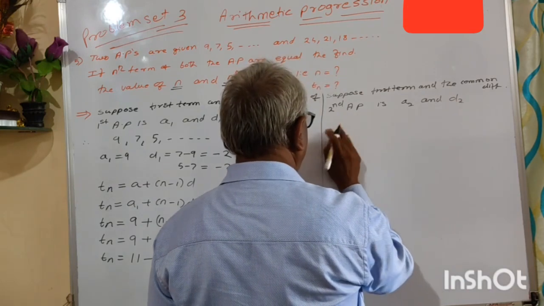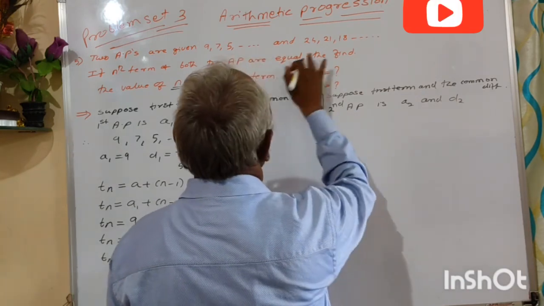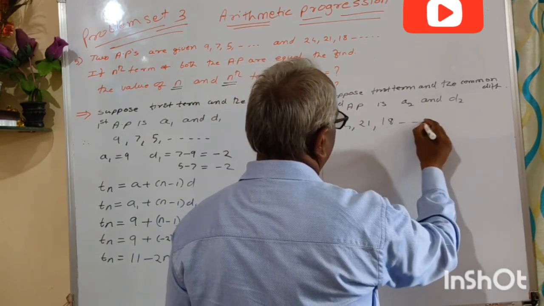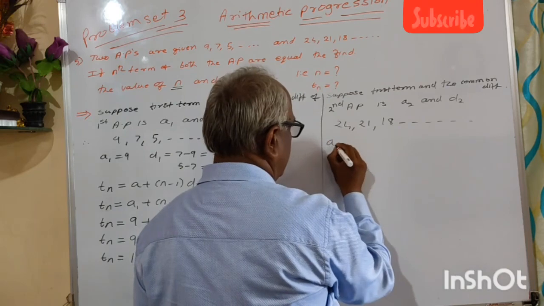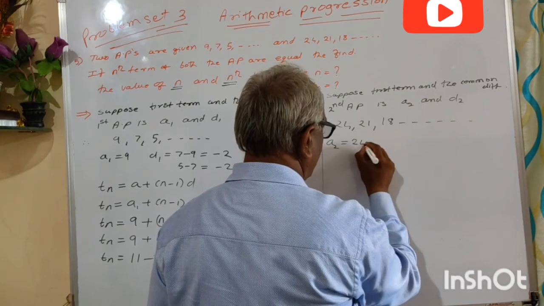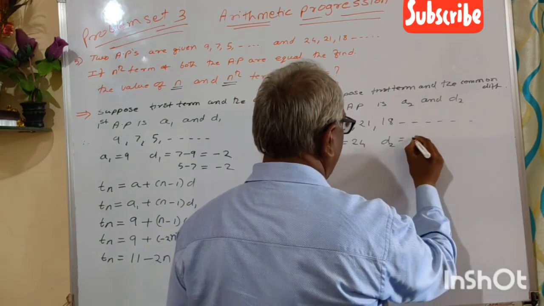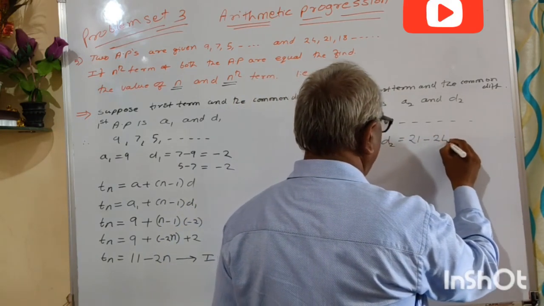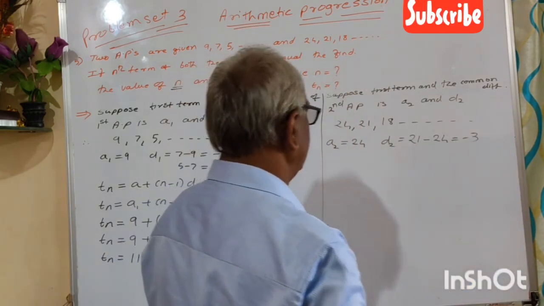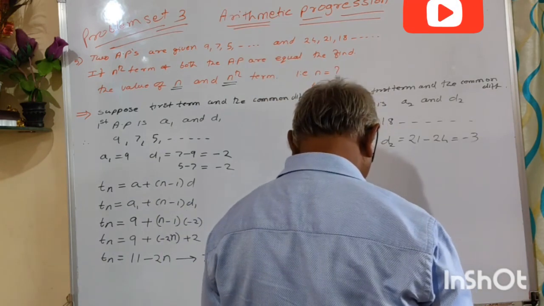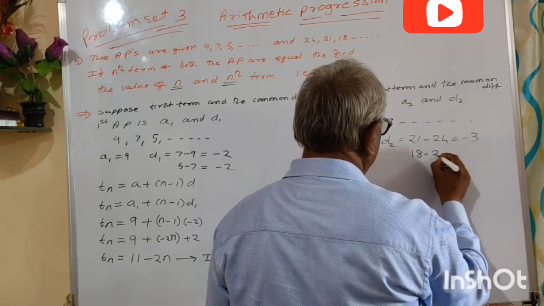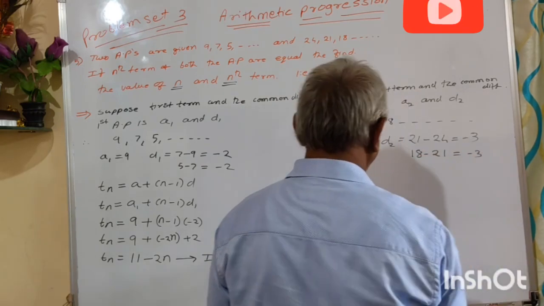Therefore, here the arithmetic progression is 24, 21, 18 and so on. Here A2, that is the first term, is 24, and D2 is equal to 21 minus 24, which is equal to minus 3 we will get. You can check it for the second one, that is 18 minus 21, which is equal to minus 3.